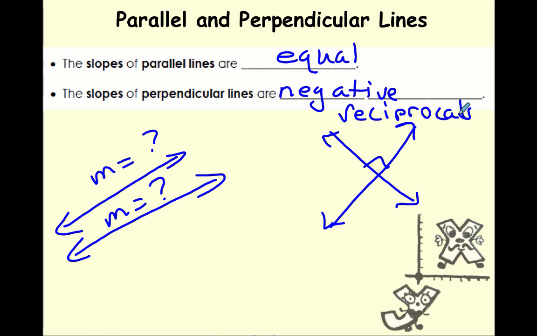Negative reciprocals means if the slope of this line is A over B, then the slope of the perpendicular line is the opposite of and flipped. So it's a double flip. It's a way of thinking about it.